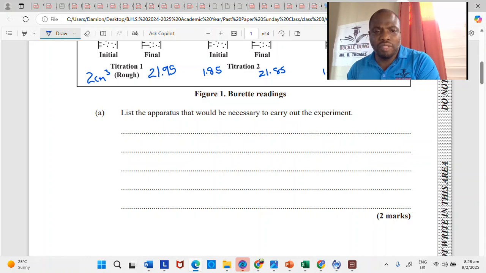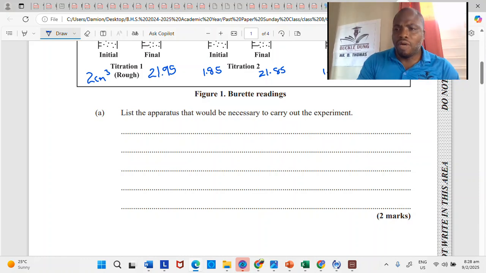Most, if not all, of us should be a little bit familiar with titration. Students sometimes struggle, but even the question, see it here, lists some of the apparatus. What do we need here?